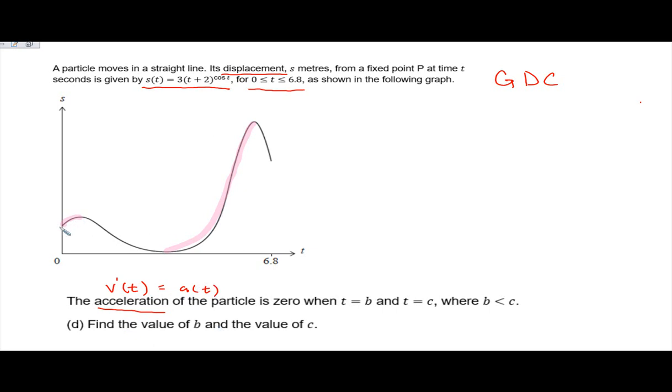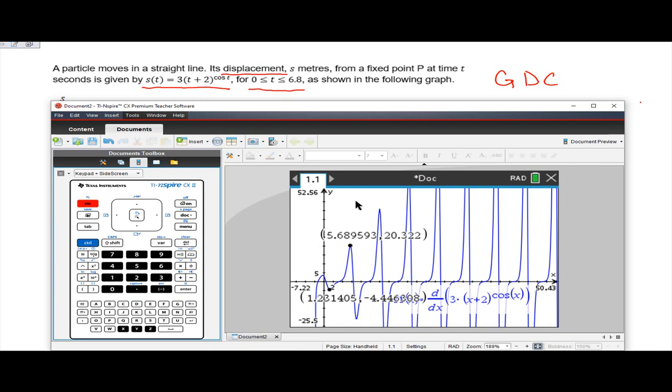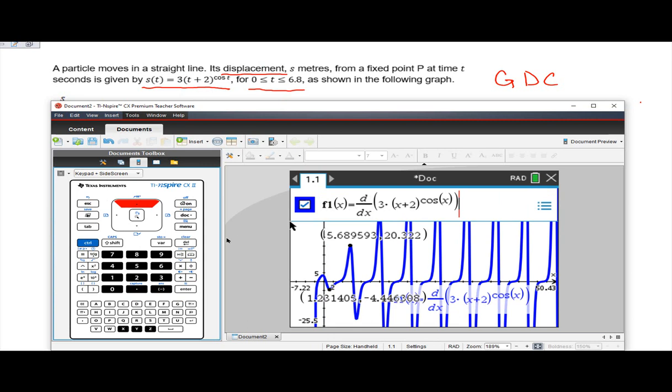Now since this graph represents displacement, I can graph the derivative of displacement, and that will give me the velocity graph. So that's what I'm going to do. On my Inspire, if you want to graph the derivative, all you have to do is put the d over dx first, and then type in the function.